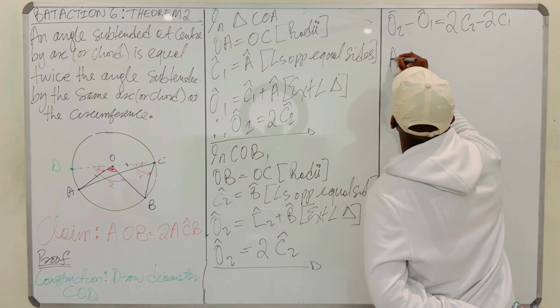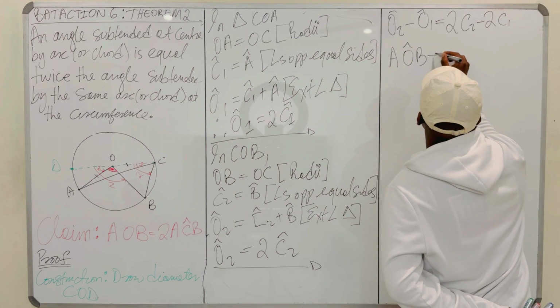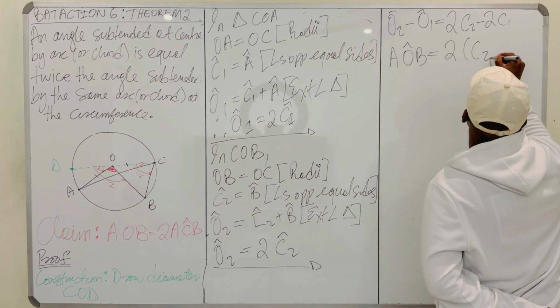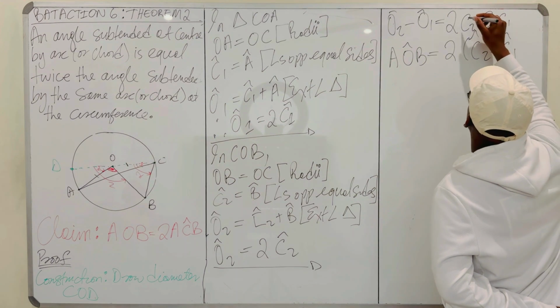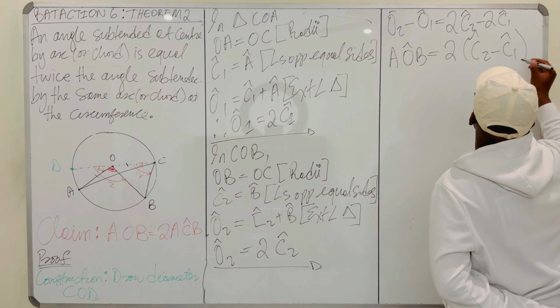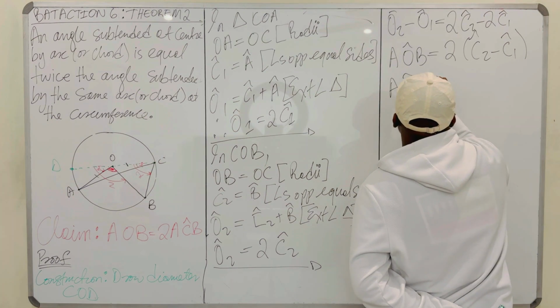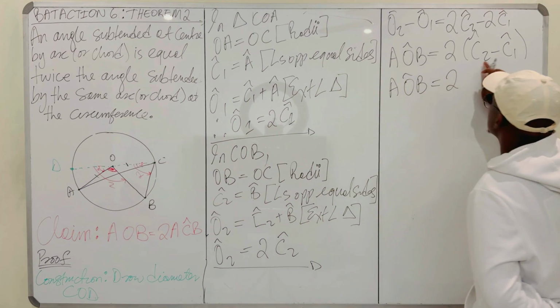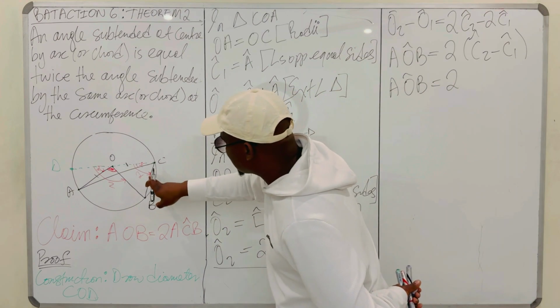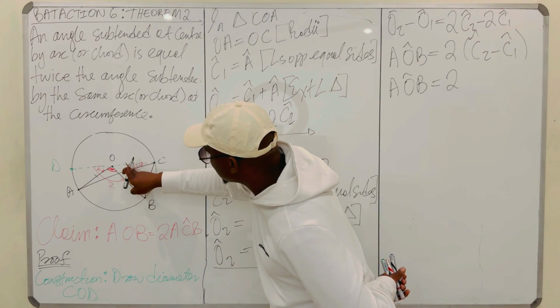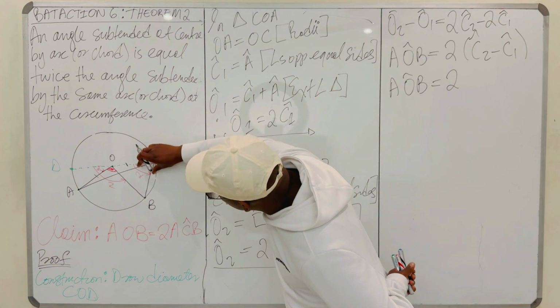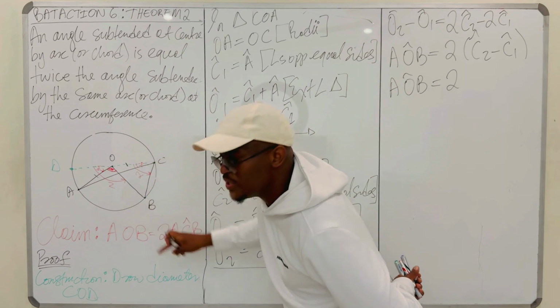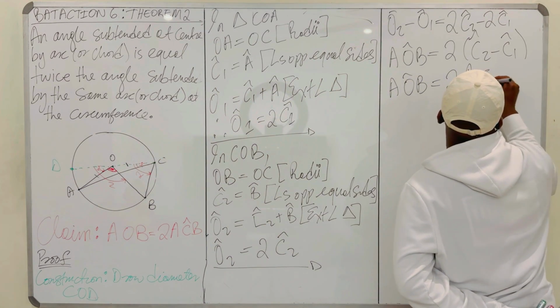So AOB is equal to 2 times (C2 minus C1). C2 is the entire angle, minus C1, you're taking away the other part. So you're left with the small part, which is your angle ACB.